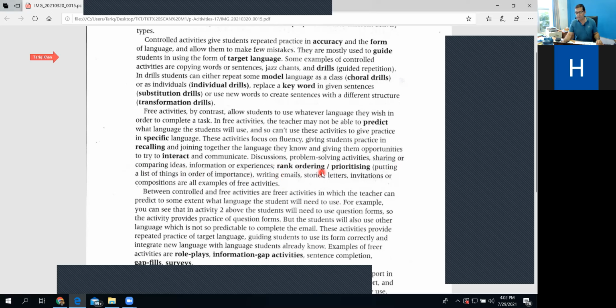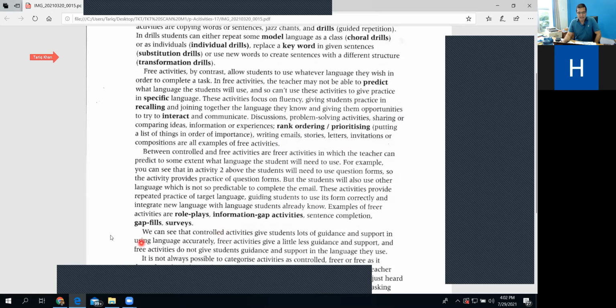Rank ordering, prioritizing, putting a list of things in order of importance, writing emails, stories, letters, invitations, compositions are all examples of free activities. Is that clear? Sujika? All right. Okay, fine.